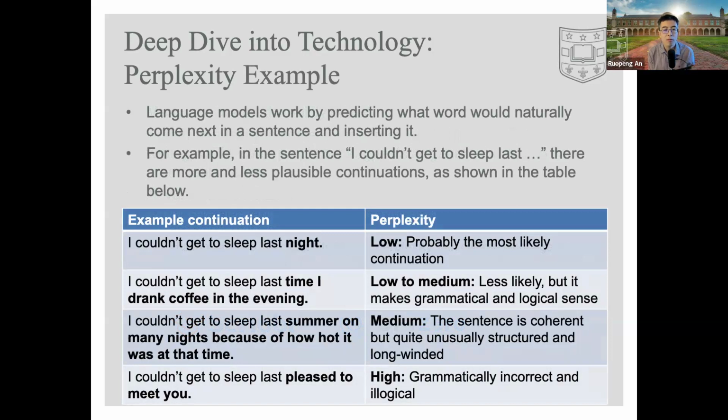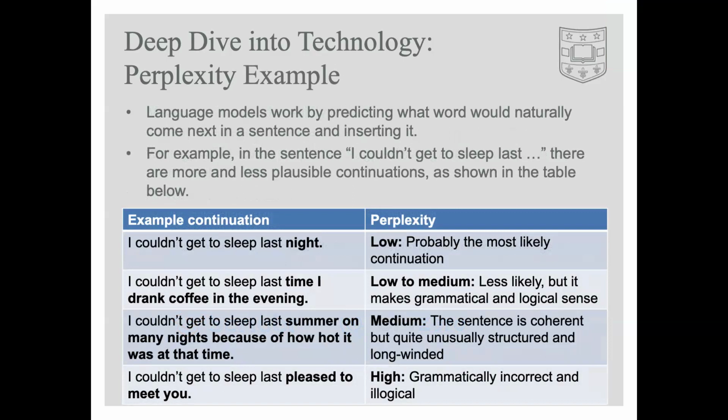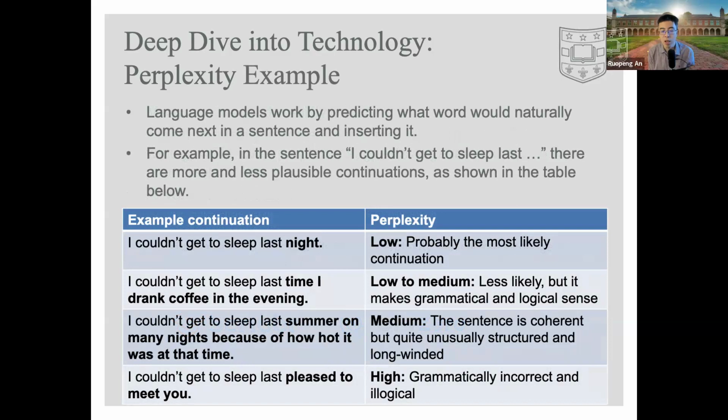Here, if we start with a sentence, "I couldn't get to sleep last," then let's take a look at the language that has a high or low perplexity score. For example, if you complete the sentence as "I couldn't get to sleep last night," right? So "night" is the new word added to the "last."